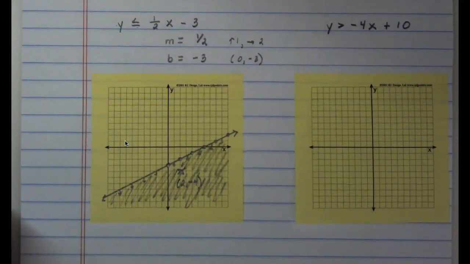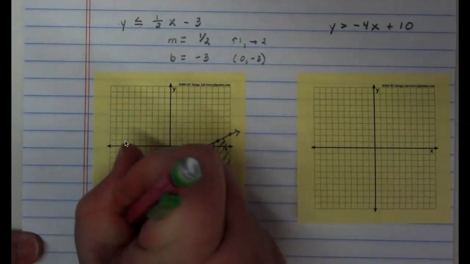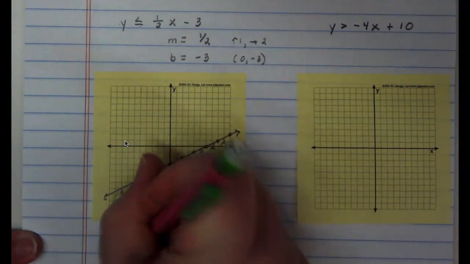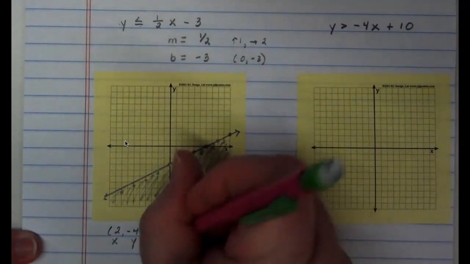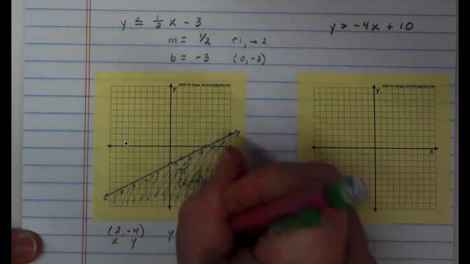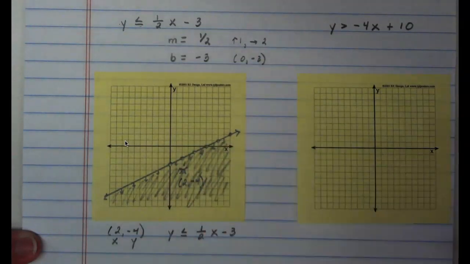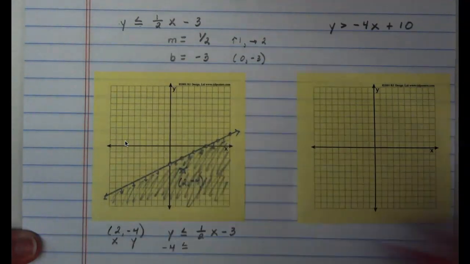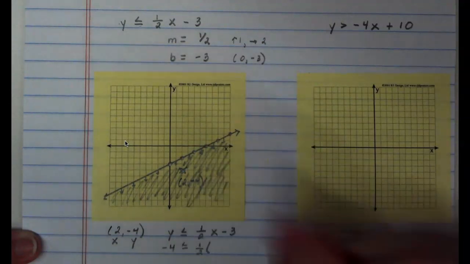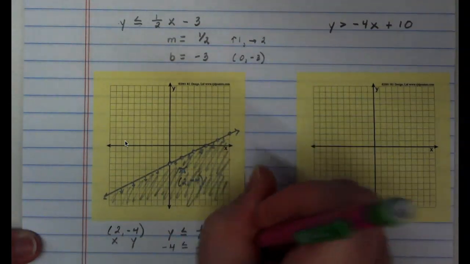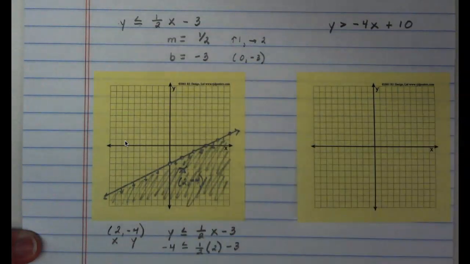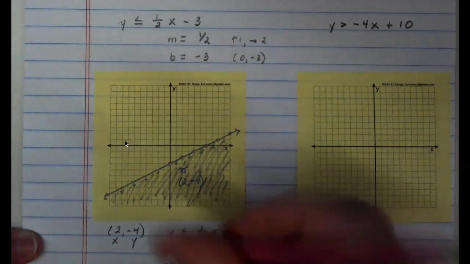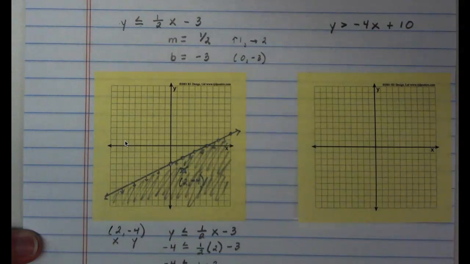So I'm going to take 2, -4, plug 2 in for x, and -4 in for y, into my inequality. So -4 is less than or equal to 1/2 times 2, minus 3. -4 is less than or equal to, well, half of 2 is 1, and 1 minus 3 is -2.